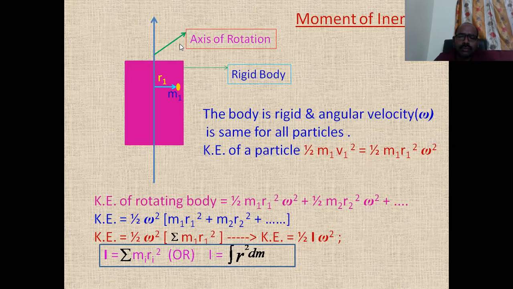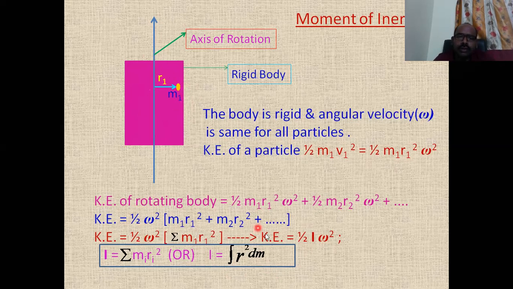In case of a continuous body system, I is written as integration dm r square. That is the moment of inertia of continuous mass distribution. In that case, we consider dm, a small element of mass at a distance r, small r, from the axis of rotation.